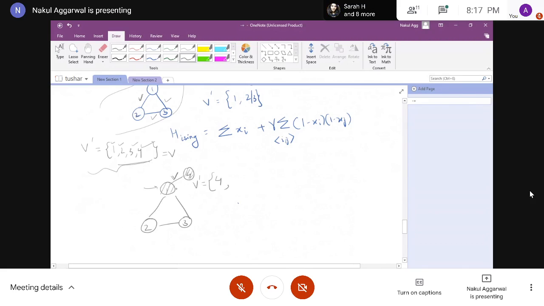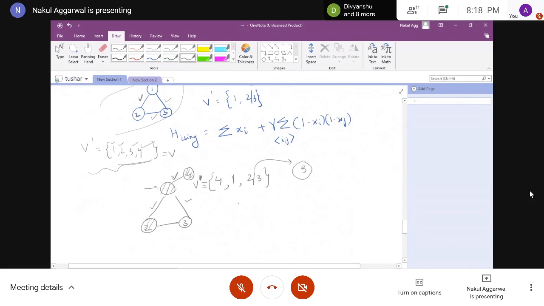Let's color 1 as well. By color, I mean include it in the vertex cover, which is denoted by V prime. Now 4 and 1 are included in V prime. This automatically covers this edge as well as this edge, but this edge is not covered, which we can cover by including either 2 or 3 in V prime. This gives us a size of 3.